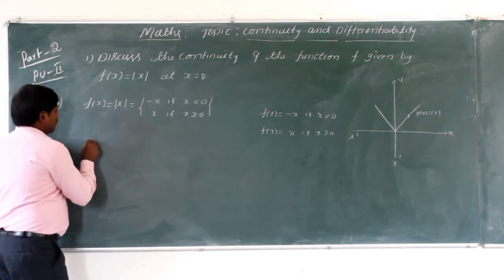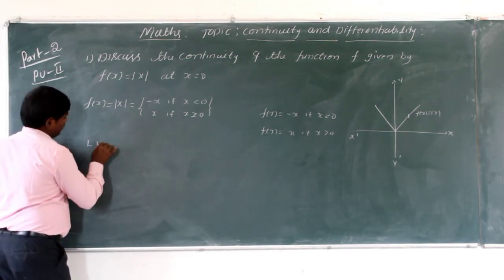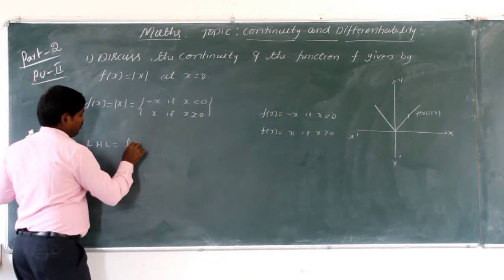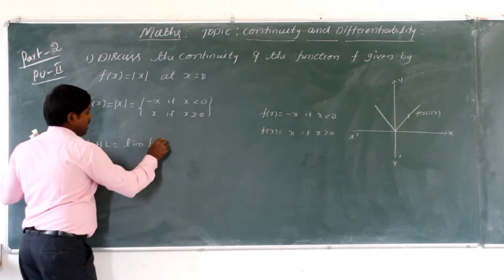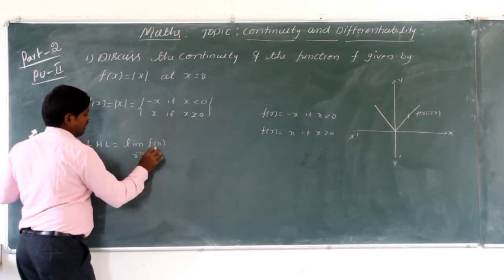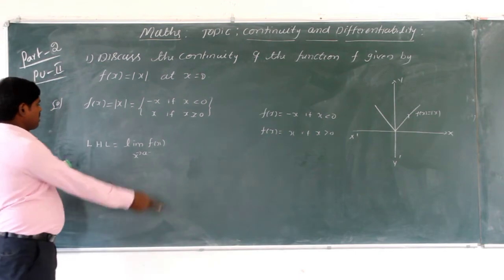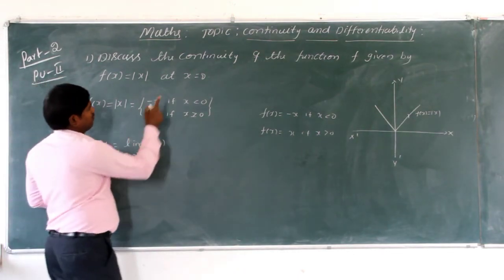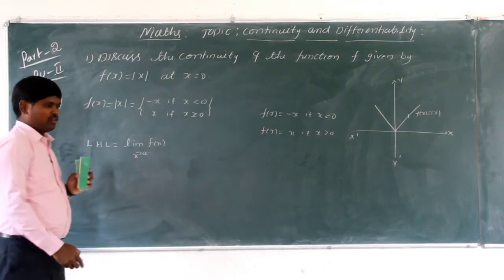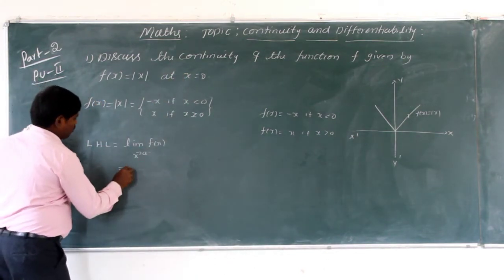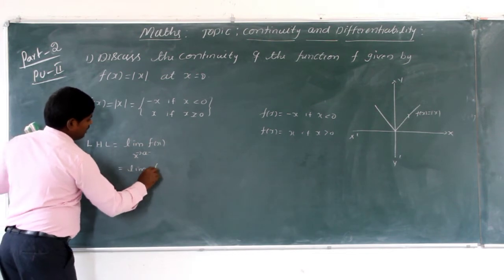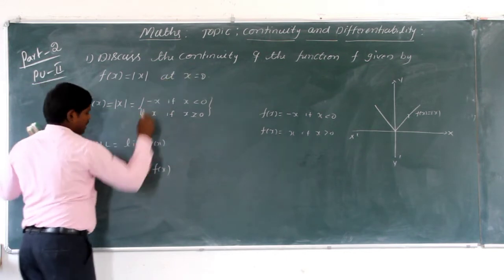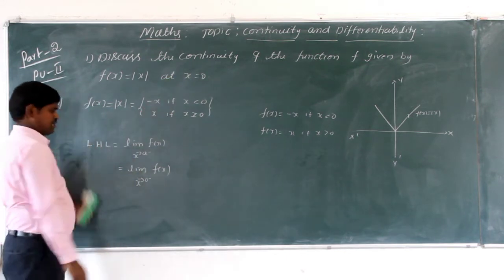First one is the left hand limit. By the definition of left hand limit, limit of f of x as x tends to a minus. We need to check at x is equal to 0, which is equal to limit of f of x as x tends to 0 minus.